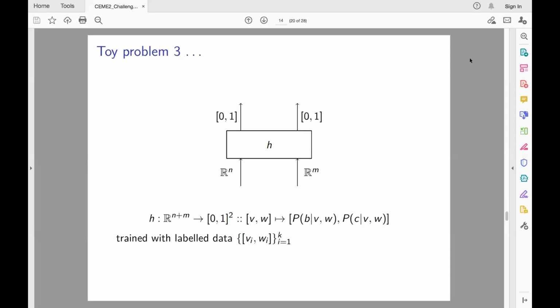Now, the other thing you could do is take those two different vectors and put them into one box H, which then gives you back the same two probabilities. So we're still just processing the same vectors to get the exact same information. And here, this classifier is trained with labeled data that's paired, so the visual data corresponds to the audio data in that they're taken from the same time point.